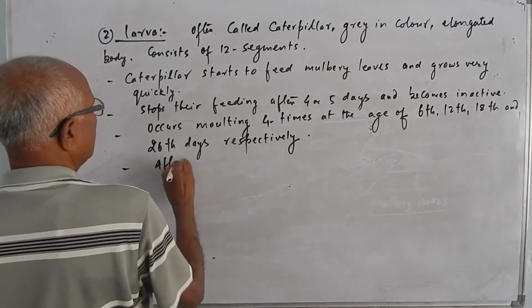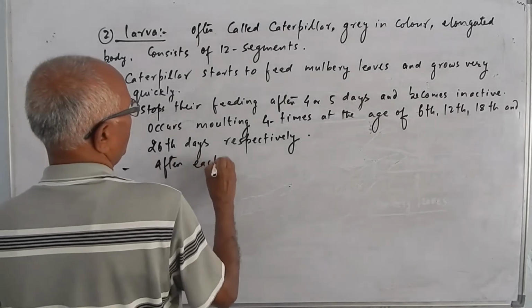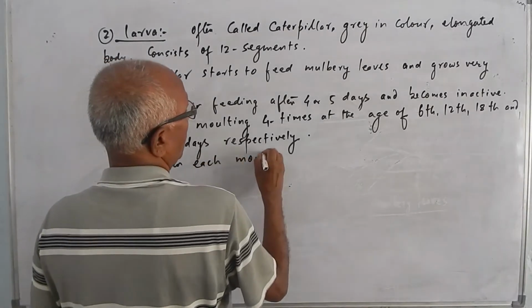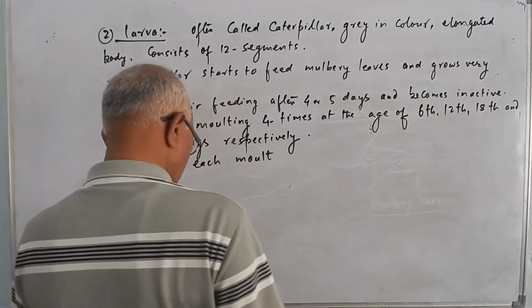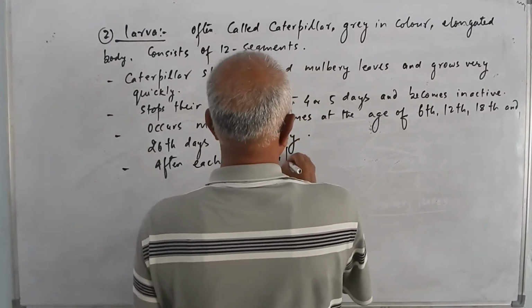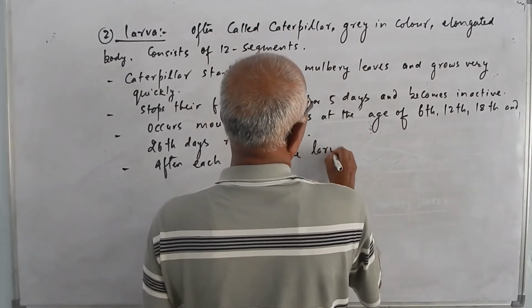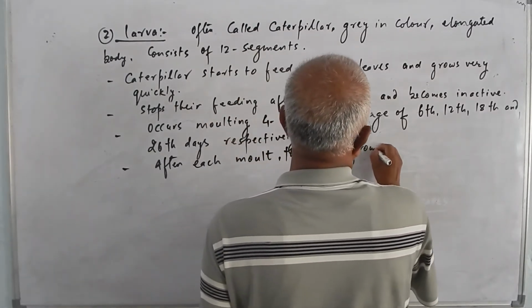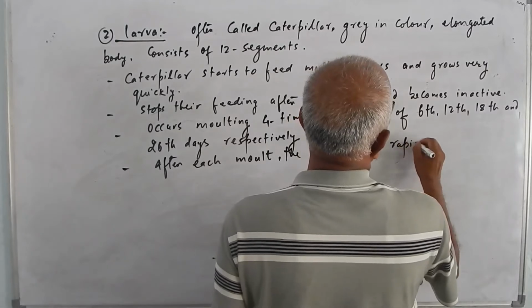After each molt, the larva grows rapidly.